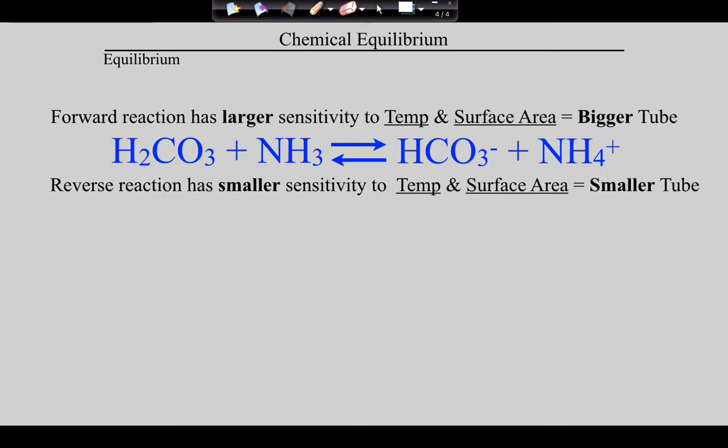Then guys, we're going to remind ourselves about this 70-30 ratio. And then guys, that's what we're going to talk about for the rest of the day, is this product to reactant ratio that exists in these equilibrium systems. And then guys, frankly, you're going to get your homework done today. It's not a very big assignment, and this is only going to take us about 20 or 25 minutes. So you guys ready to go?